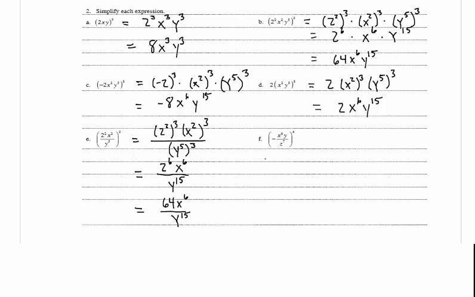And in F, we have negative x to the 6th times y divided by z to the 7th, all raised to the 4th. And we can treat this negative out front as negative 1.